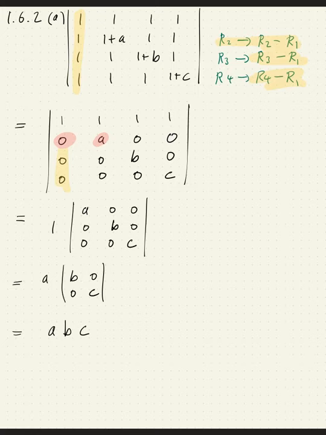And then zeros in the rest of the row, it's 1 minus 1. On the third row, that 1 becomes a 0, 1 minus 1. That 1 plus b, take away the 1 from here, becomes just b. And finally 0, and the same with the last row, we get 0, 0, 0 and c.